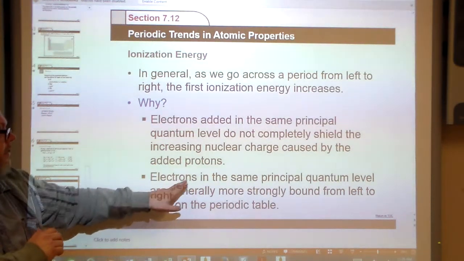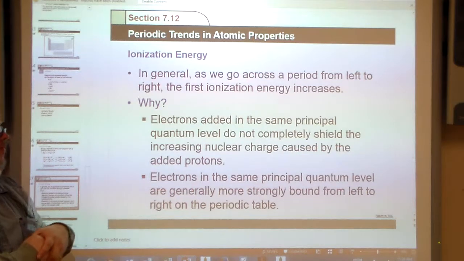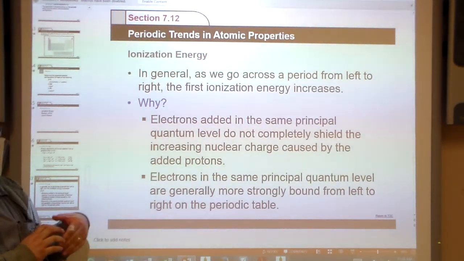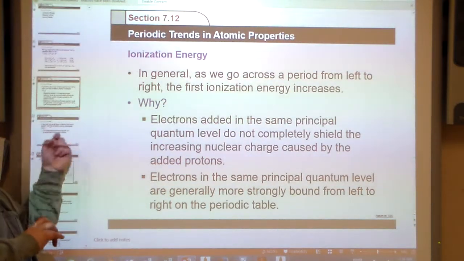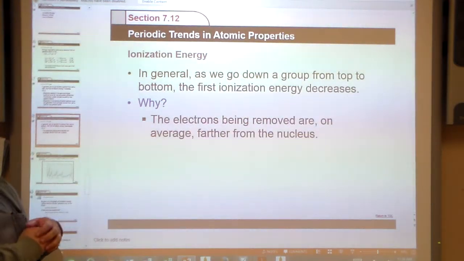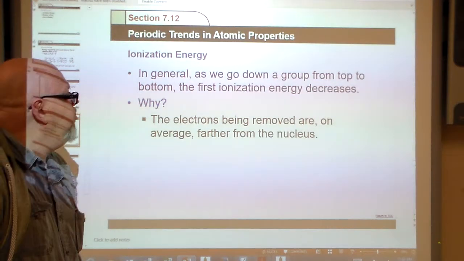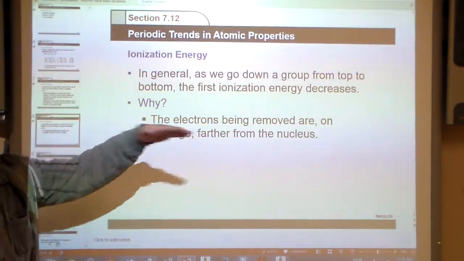The other thing is, the electrons in the same principal quantum level are generally more strongly bound from the left to the right of the periodic table. There is that as well. So in general, here's another trend. We looked at going across a period.